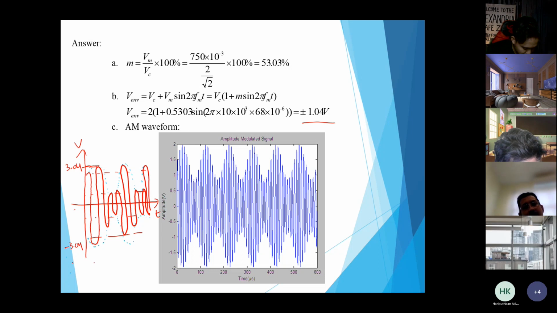Okay, dan V minimum dia adalah 2 tolak VC tolak VM, 2 minus 1.04, so 0.96 over here. 0.96. Okay, so nampaklah bentuk seperti ini.